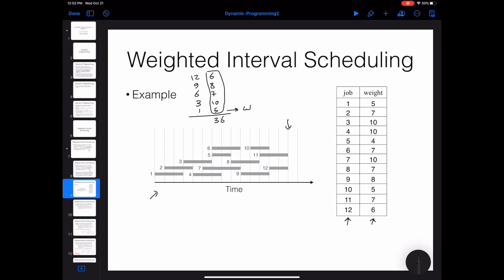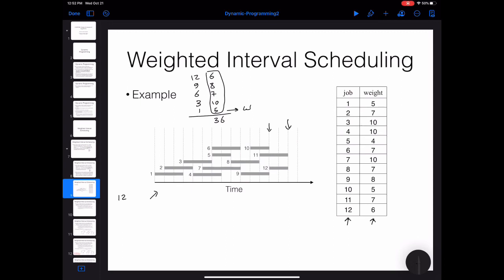The intuition here is that you're going to leave more time for the rest of the jobs, right? So for this algorithm, the first choice is 12, right? Then I cannot take any more job until you reach the beginning of job 12.